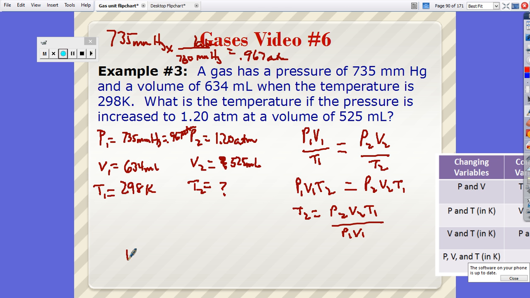Okay, let's go ahead and do our plug-in now. Plugging in with our units.